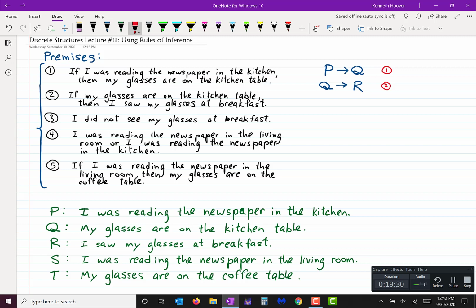In other words, if P implies Q and Q implies R, then doesn't that mean that P would have to imply R? It does, right? In fact, look at your 7 rules of inference from yesterday, and that's one of the rules of inference. Which one is it? If P implies Q and Q implies R, then P implies R. Isn't that transitivity?